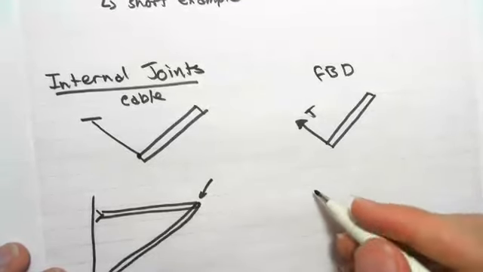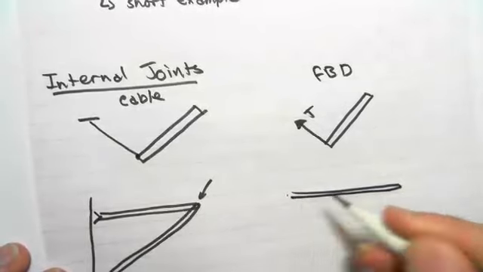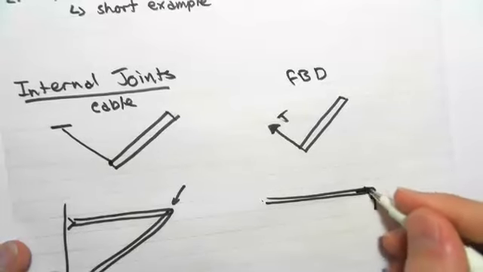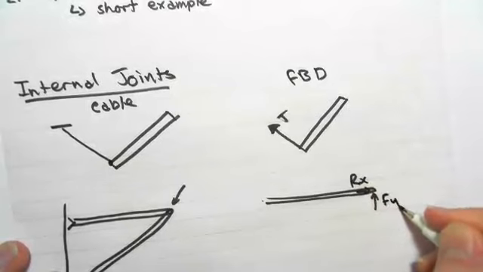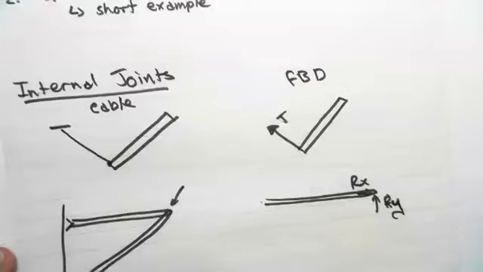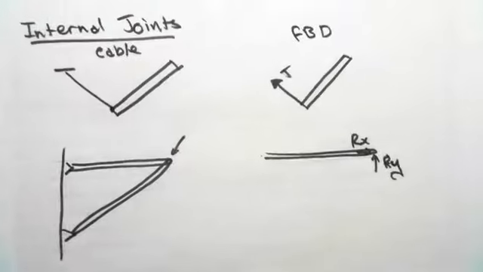So a free body diagram of this looks like, I'm just going to draw it on this one here. It's just split up into x and y components. So it's r, x, r, y. Okay. So they're the two internal joints that you'll see most.